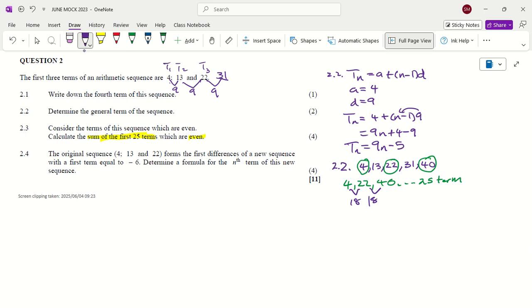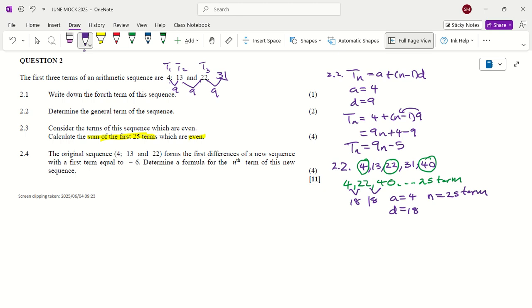So if we are going to find Tn of this sequence, a is equal to 4, and d is equal to 18. How many terms do we have? We have 25 terms.